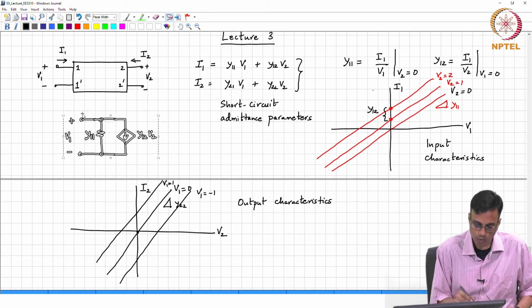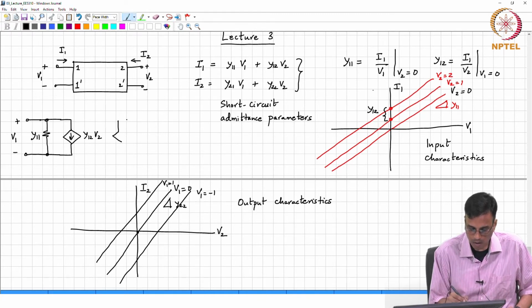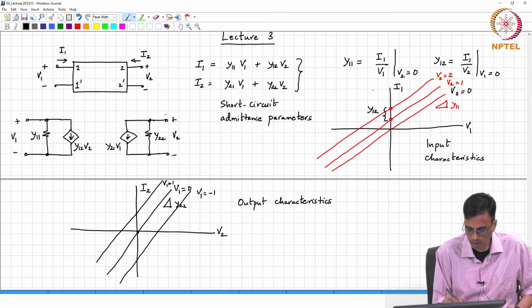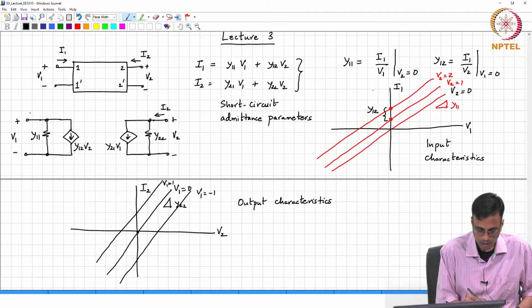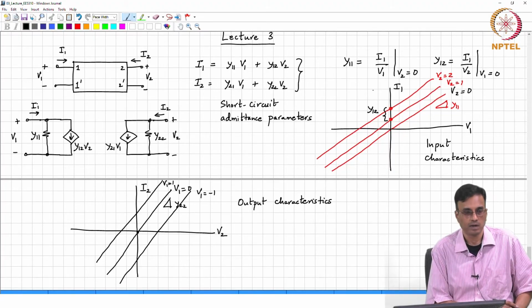Similarly for port 2, this is y21 times V1 and y22. Does it make sense, people?